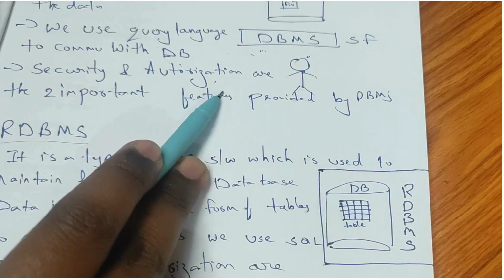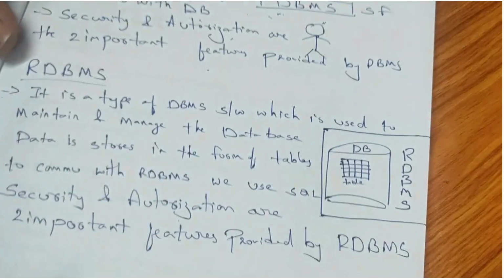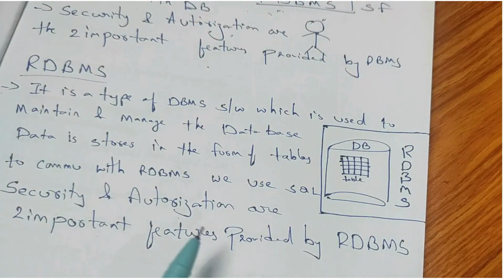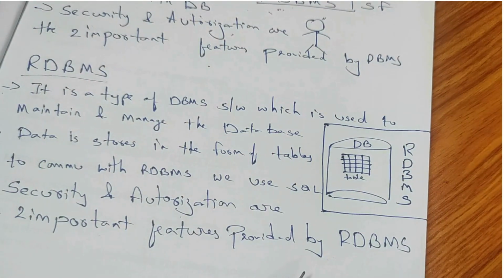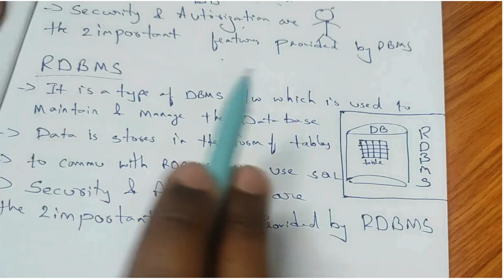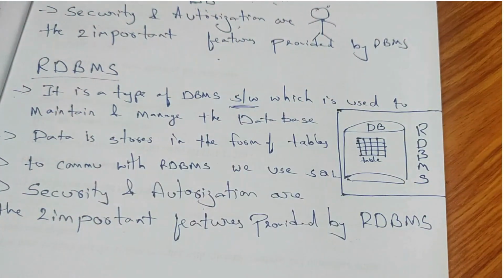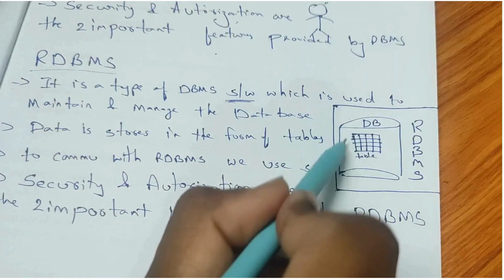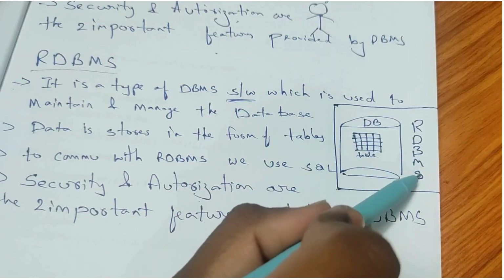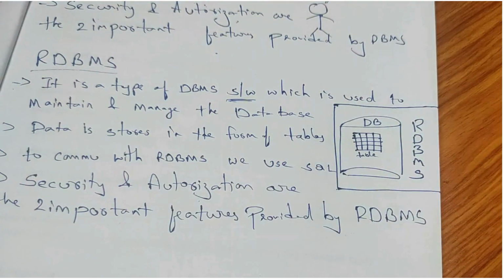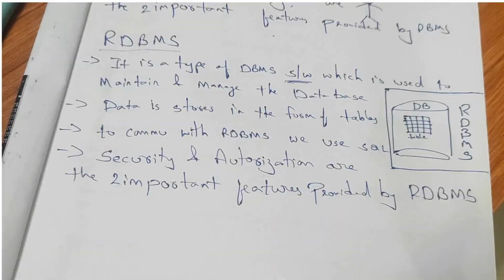Security and authorization are provided by the DBMS, and also by the RDBMS. This is called RDBMS, Relational Database Management System. It is software which is used to manage the database and tables.